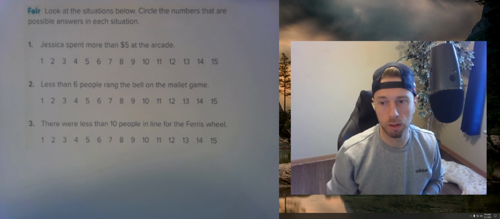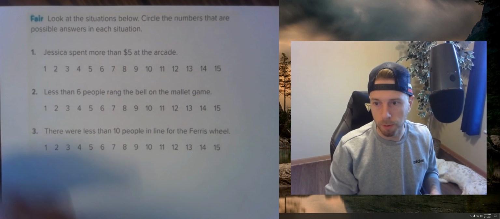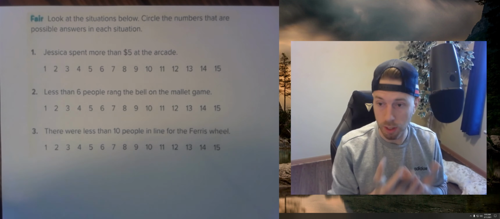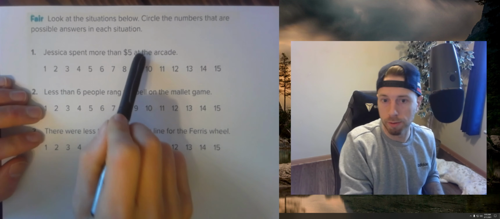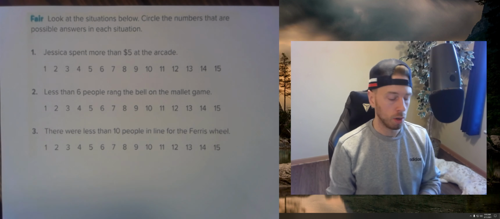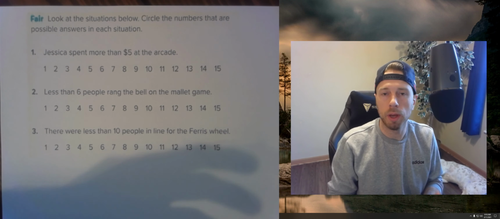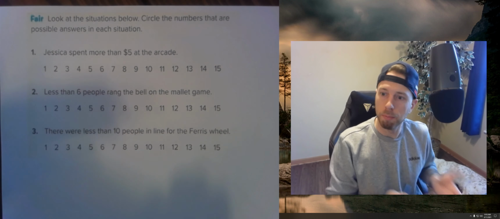Basically, if we find a situation where you can say something using an inequality, for example, Jessica spent more than $5 at the arcade. That's a number we don't know, right? A variable. But we can represent how much she spent by graphing it.